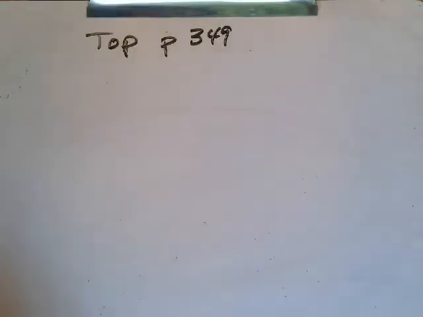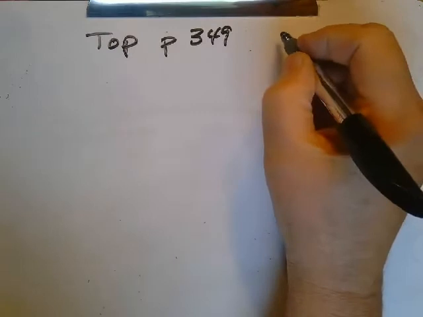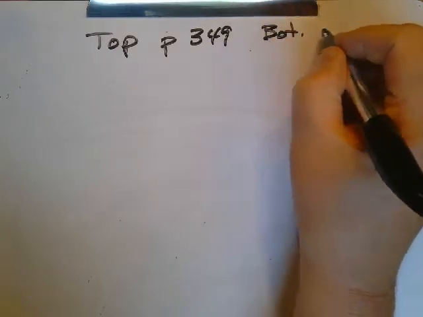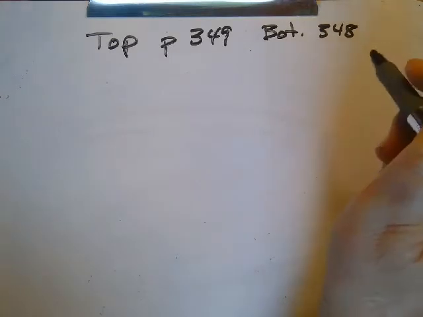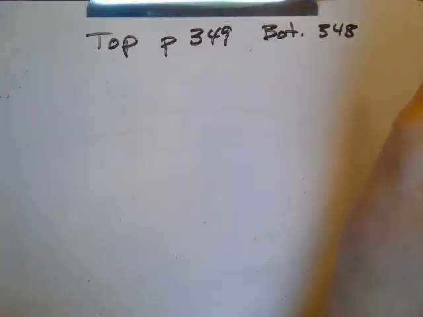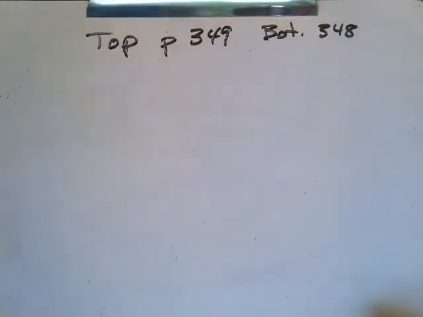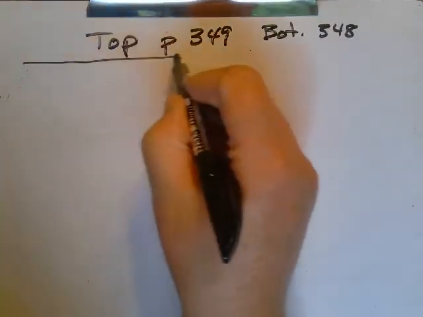All right, at the top of 349 and also at the bottom of 348, there's quite a discussion about this whole thing. And I'm going to try to give you some patterns so you can see what we're talking about here.